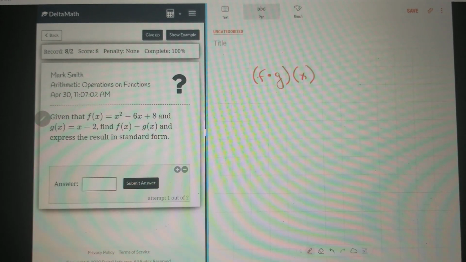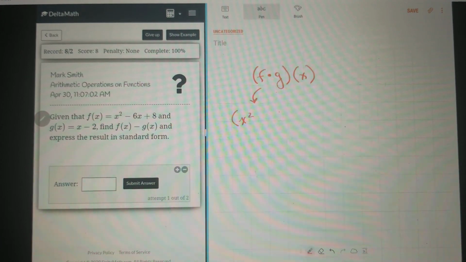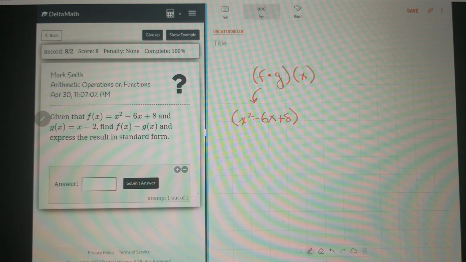So that just means multiplication. So I would take f, which is x squared minus 6x plus 8, and multiply it. You can put that little dot in there if you want. Multiply it times x subtract 2. So no big deal there.